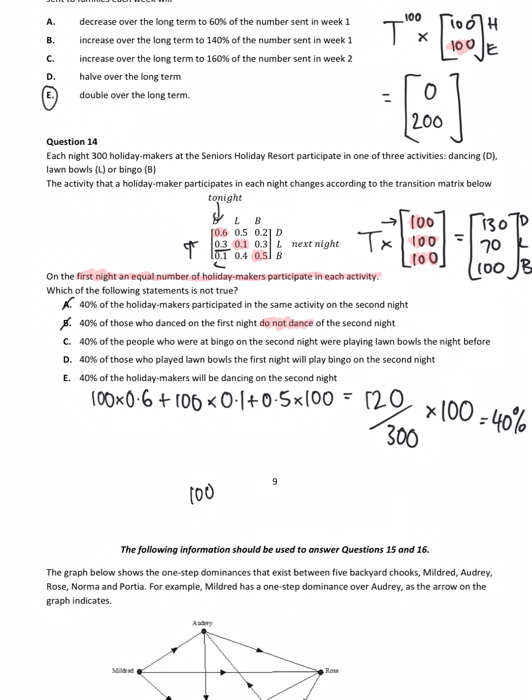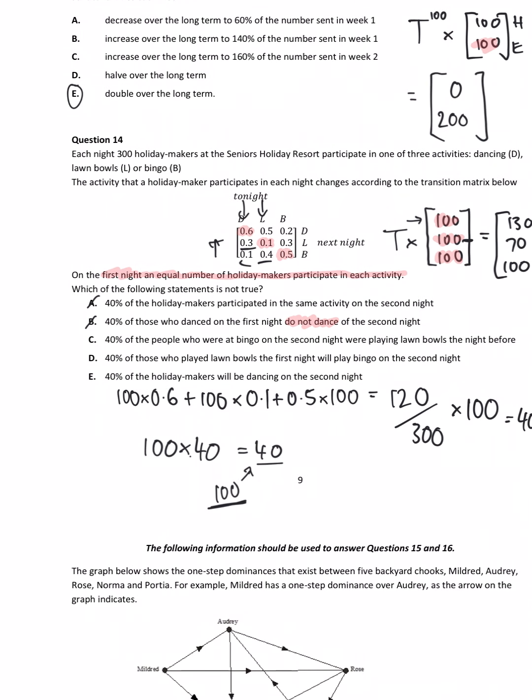So the people who were playing lawn bowls the night before, again, was 100. So that's this column. So the percentage of people going from lawn bowls to bingo is this 40%.